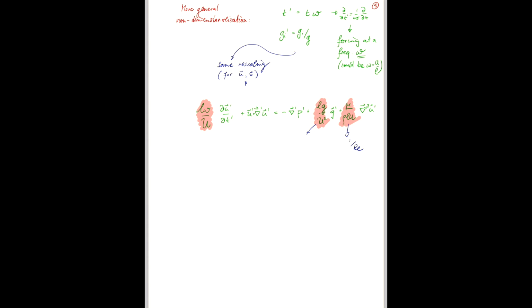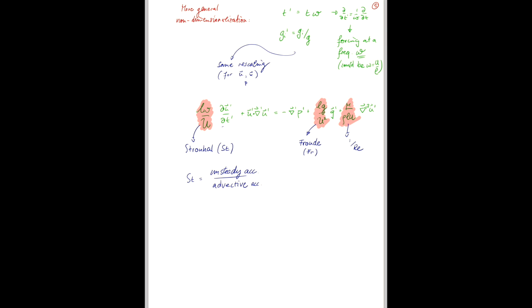This number here is called the Froude number, abbreviated as Fr, and this here is the so-called Strouhal number, abbreviated as St. So in terms of interpretation, Strouhal really is the ratio of the unsteady acceleration term versus the advective term.